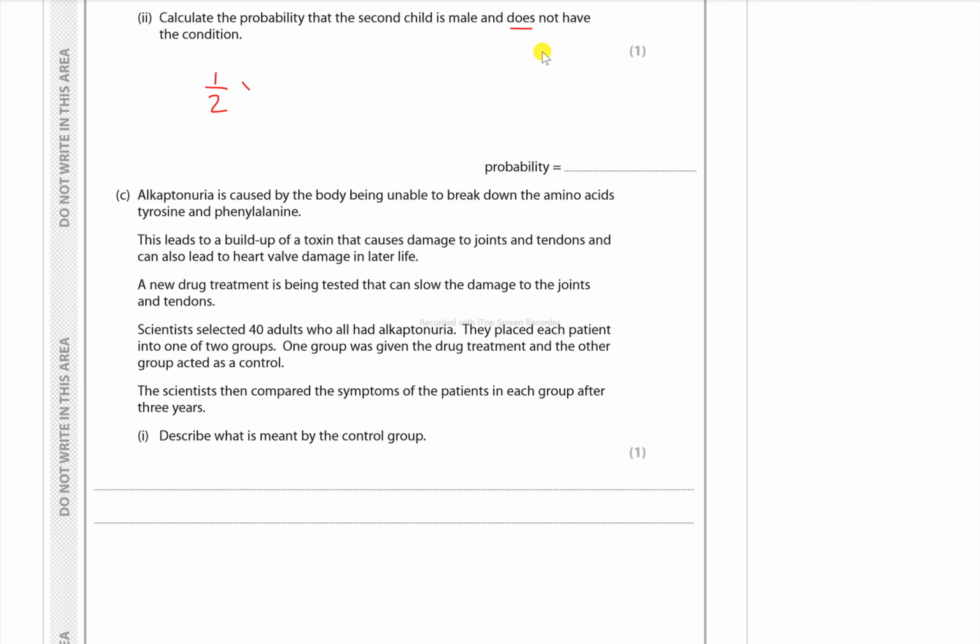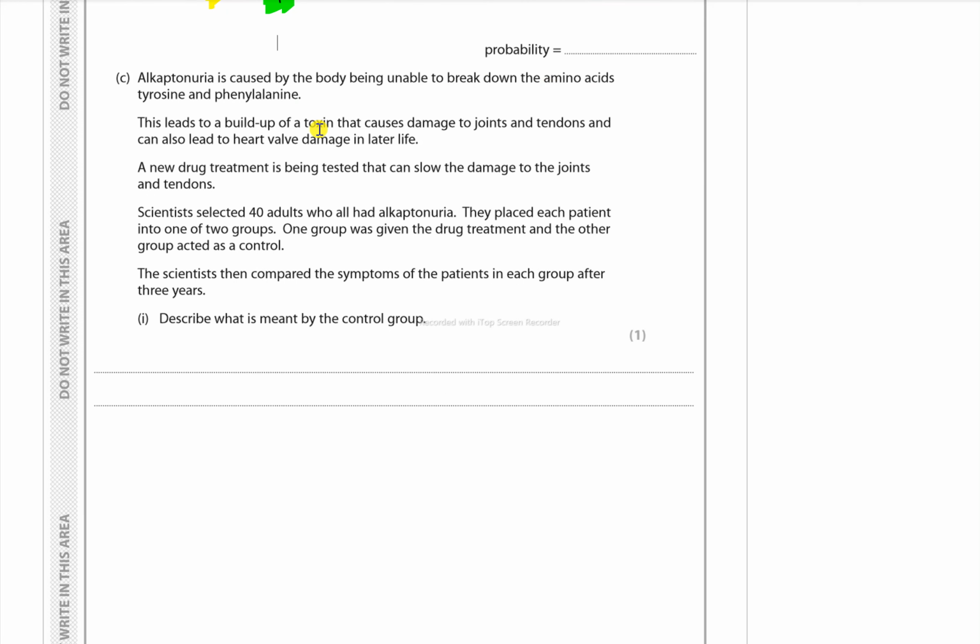So if you do half of 3/4 or 75%, you're going to end up with 3/8, which is, as a decimal, 0.375. If you do it on your calculator, it should give 37.5%. They'll accept any of those. So remember, there's a half a chance of it being male, 3/4 chance that it's not going to have the condition. So you multiply those two probabilities. Right, okay.